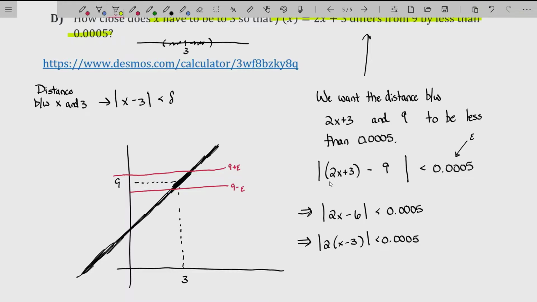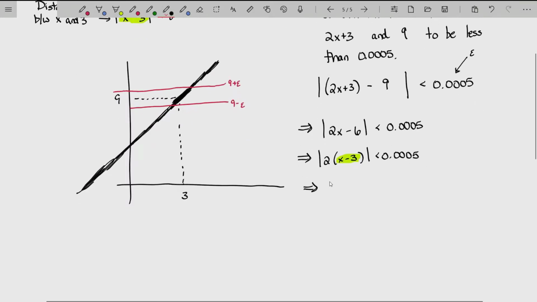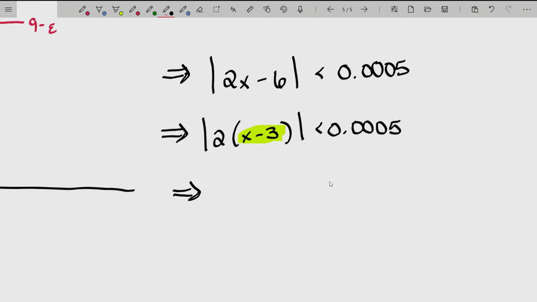And notice both of our inequalities have an x minus 3 in them. All I need to do is get that 2 to the other side. Well, you happen to know the absolute value of 2 is 2, so I'll just divide both sides by 2 on this one down here. And I'll have the absolute value of x minus 3 is less than 0.00025.